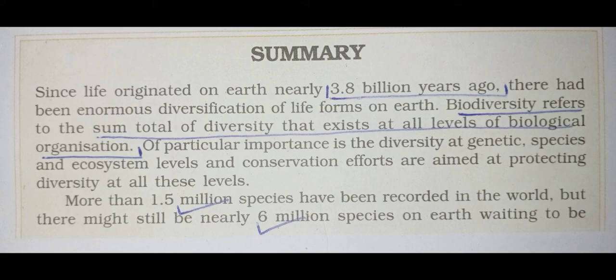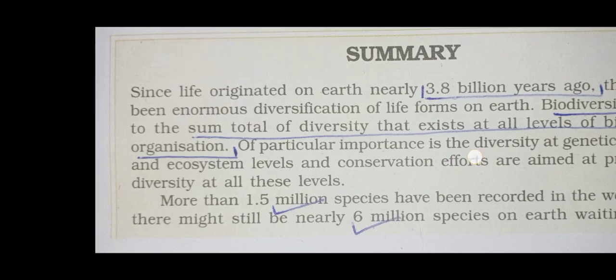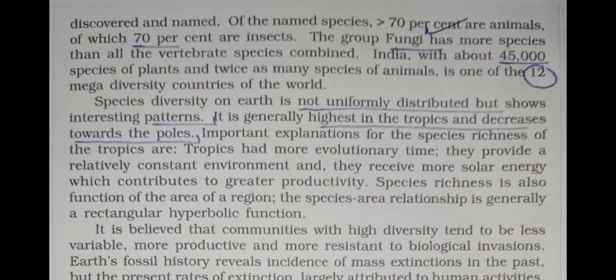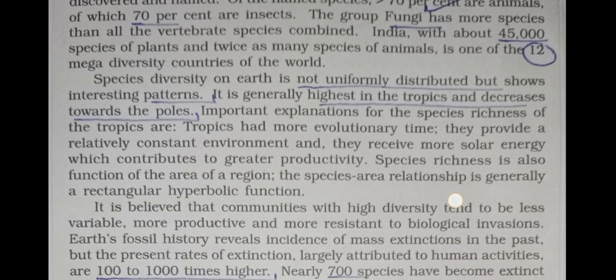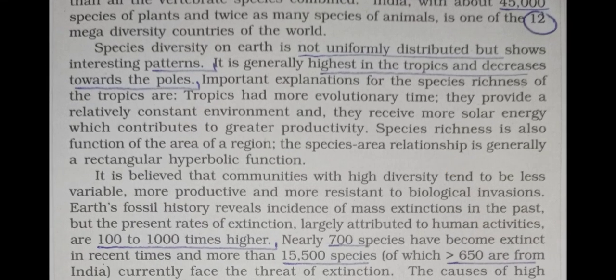Then see, 1.5 million species, 6 million species, these are all one type of MCQ. Then see, 70% insects, fungi, 45,000 species, 12 mega diversity countries, these are all one type of MCQ. Then you can say that species diversity on earth is not uniformly distributed but shows interesting patterns. It is generally highest in the tropics and decreases towards the poles. It is also one type of MCQ.